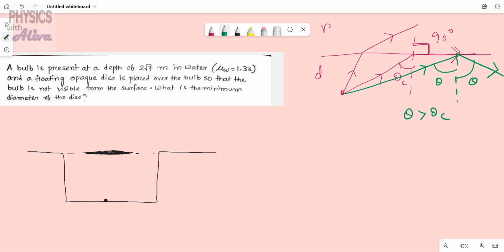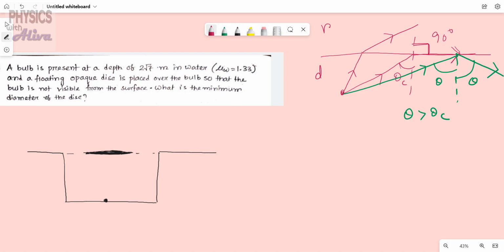This phenomenon is known as total internal reflection. For the last case, which I have drawn in green ink, the ray will not go out to the rarer medium; it will come back to the denser medium again. Now we will start discussing the problem. This concept will help us.